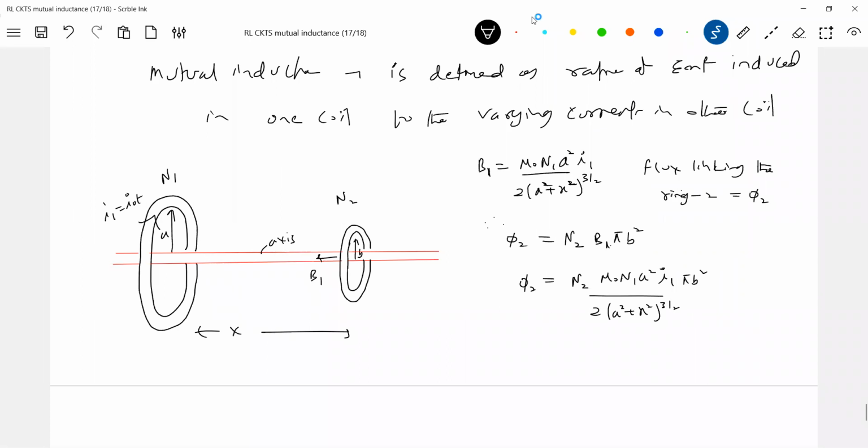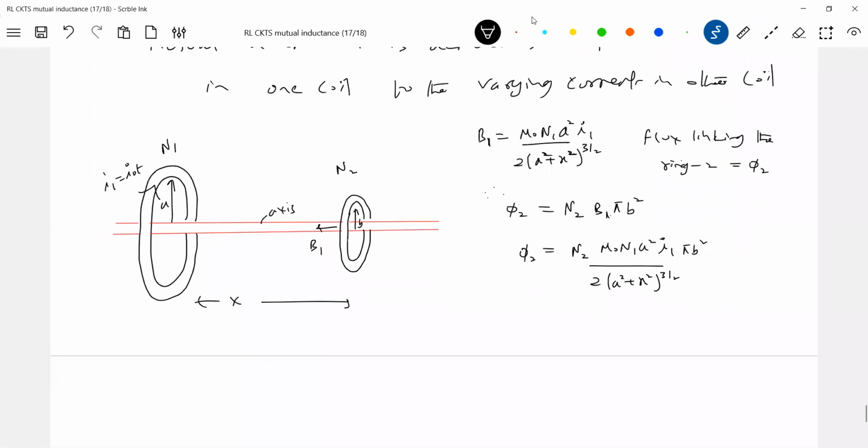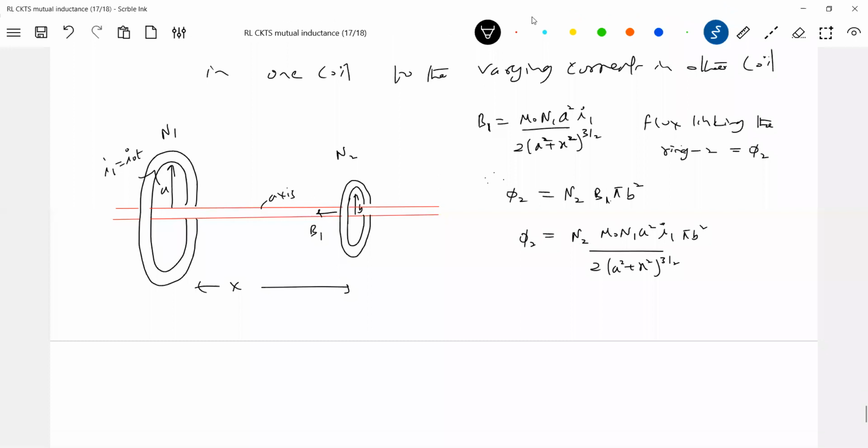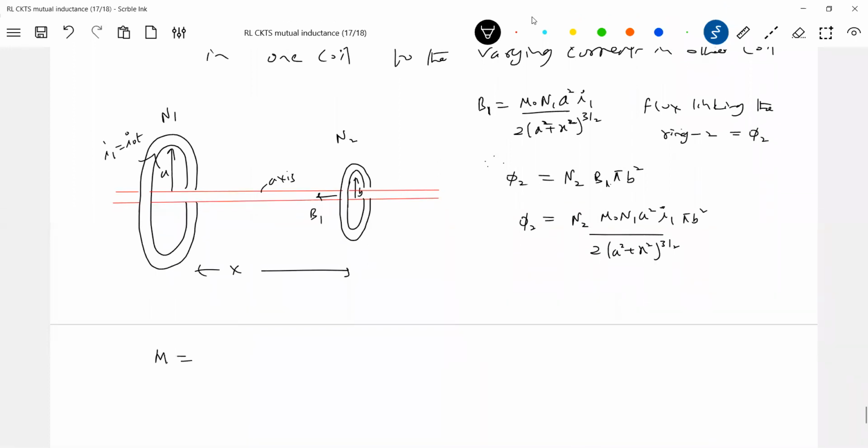Now, how do you define mutual inductance between them? What is the basic definition? It should be equal to the flux linking coil 2 due to current in the first coil per unit current. So this should be equal to mu naught N1 N2 pi A square b square by 2 (A square plus X square) to the power of 3 by 2.